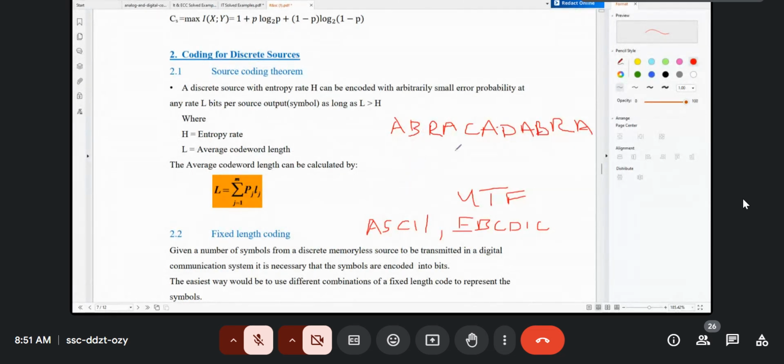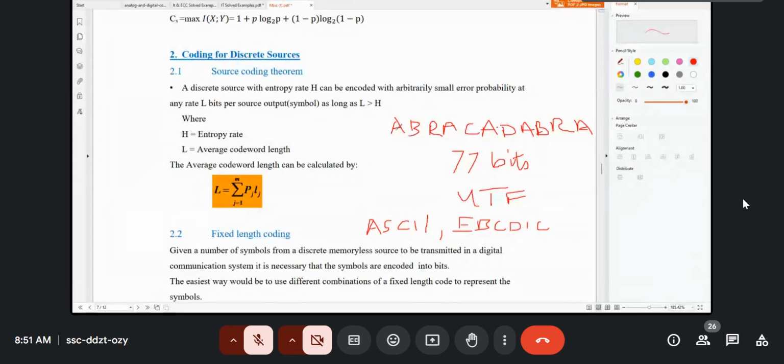If you are to encode this using ASCII, you would use 77 bits. And if you are writing this word many times, or similar words many times, for each word you have to send 77 bits.